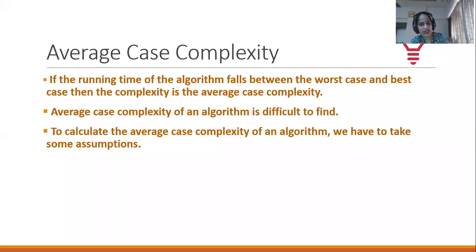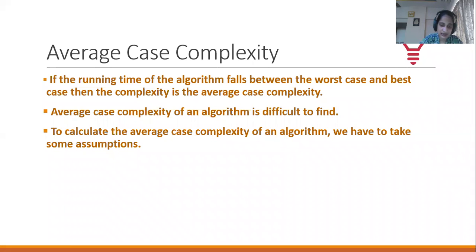And of course, we have to take certain assumptions, in the sense that if I want to calculate the average case, then first of all I have to take certain assumptions to fix my best case and the worst case. So why are we talking about assumptions over here? We have got just five algorithms. There could be a few more which can solve the problem, but that's not available to us.